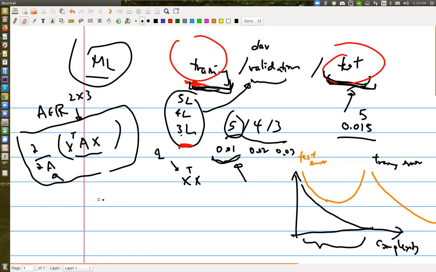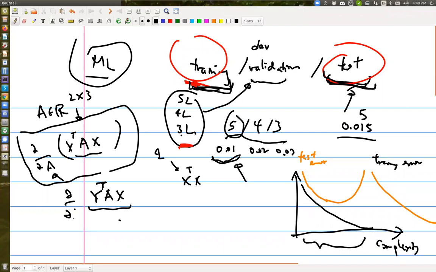So maybe look at a different problem, very similar: y transpose A x. Again, let's say A is still 2 by 3.